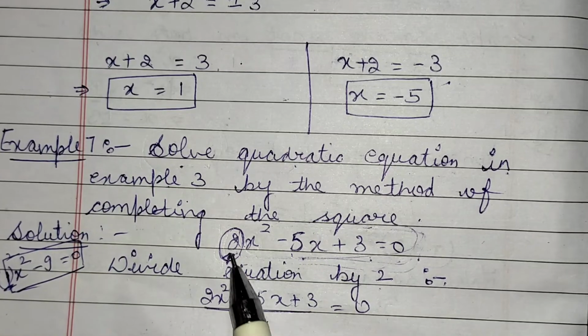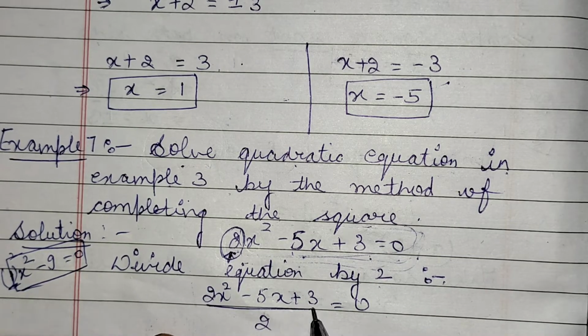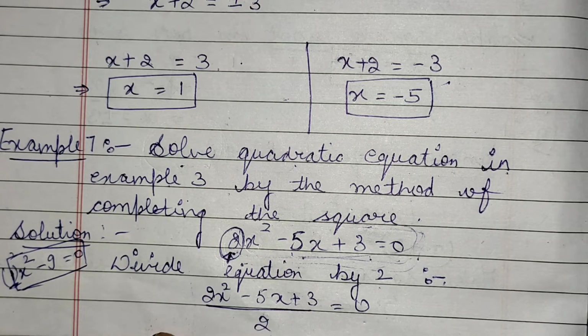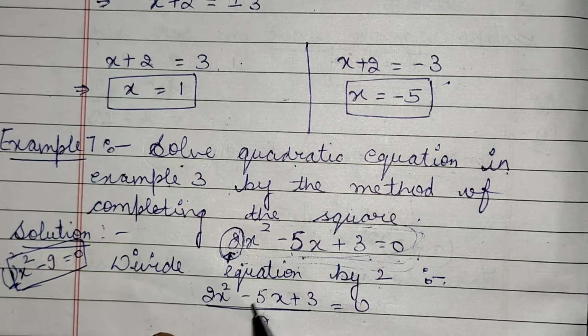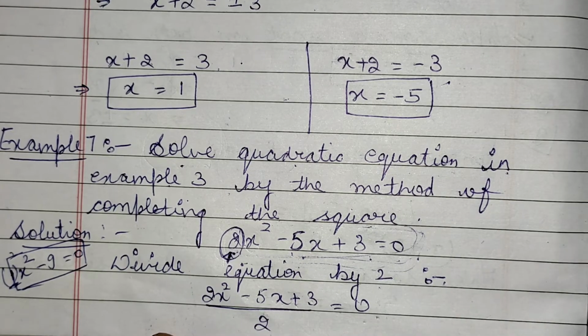So 2x square minus 5x plus 3, divided by 2, is equal to 0. If you divide by 2, the 2 and 2 will get cancelled out. That means x square minus 5 by 2 x plus 3 by 2 is equal to 0.